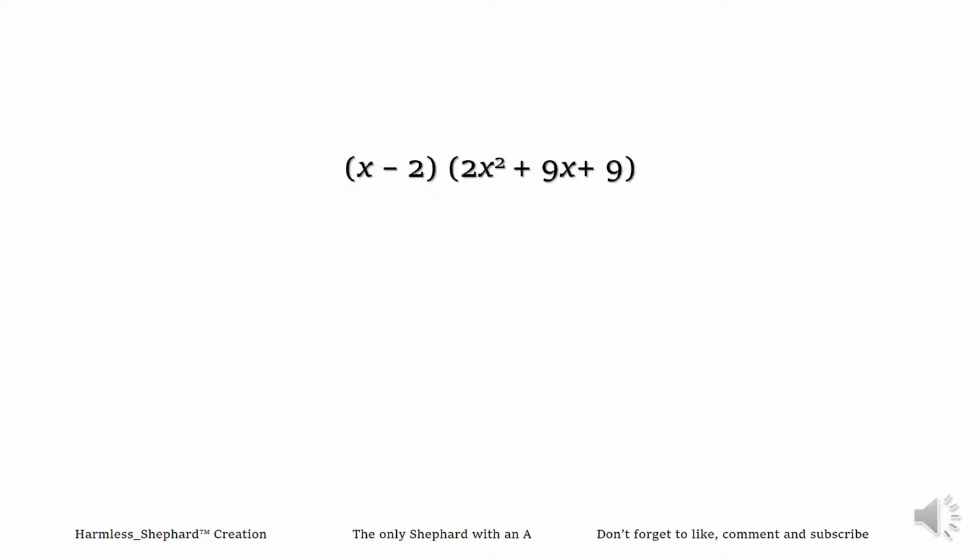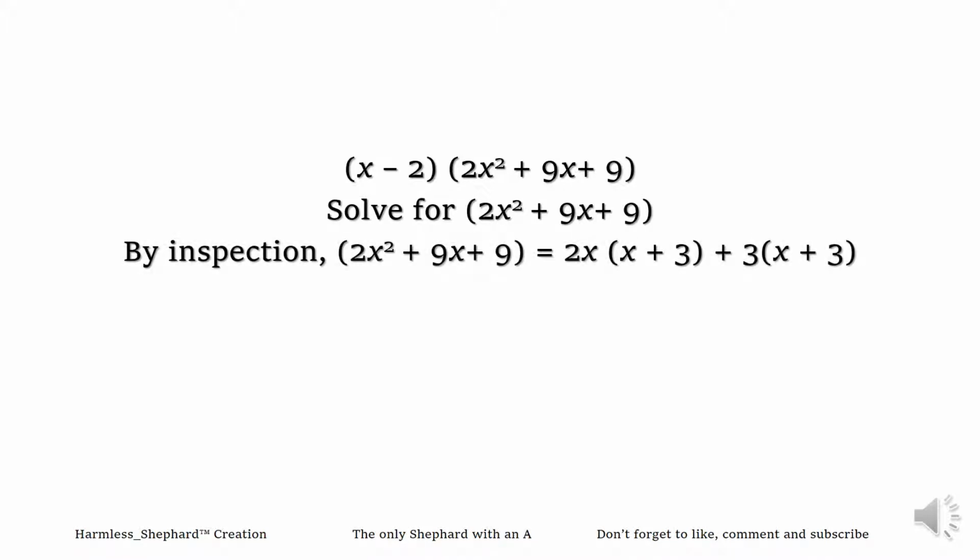So now x minus 2 is already a factor, so we have to solve the other factor. X minus 2 is already one of the roots. I have to solve for this 2x squared plus 9x plus 9, which is the quadratic equation, to get the two remaining roots of the polynomial.